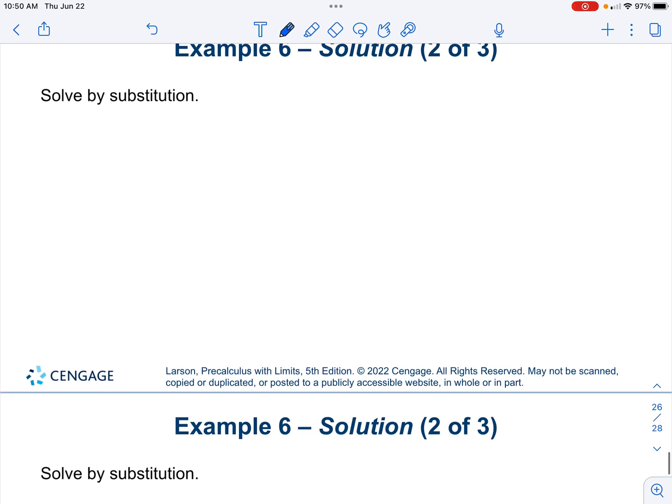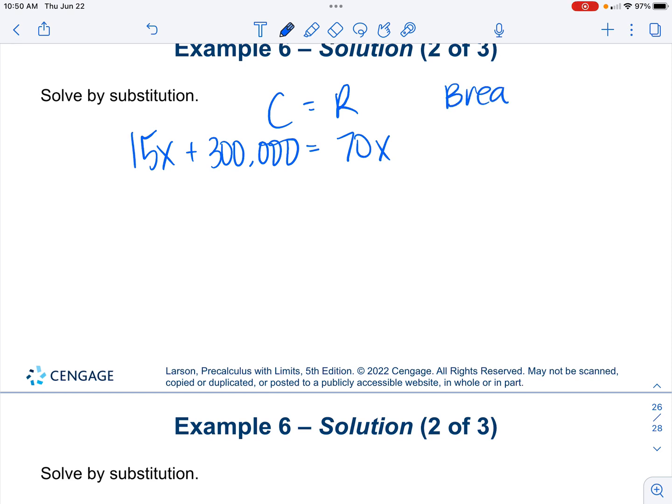I'm going to say 15X plus 300,000, that's my cost, equals 70X, my revenue. So this is for break even. You set your cost equation equal to your revenue equation and then solve.